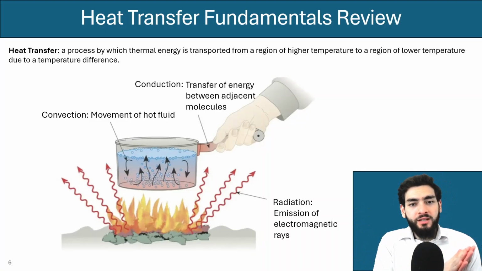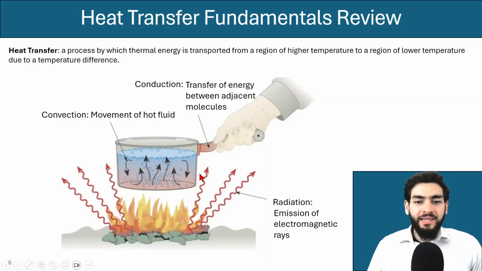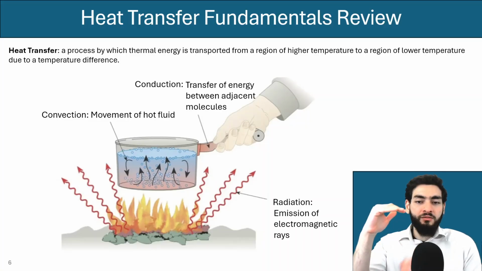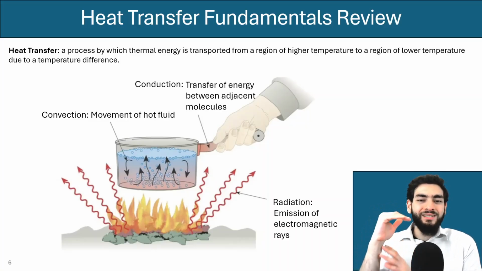However, convection is different. Convection is associated with movement of fluids. In this picture, you have liquid inside the pot, and as you can see, the bottom surface of the pot is being heated and getting very hot because of the fire.